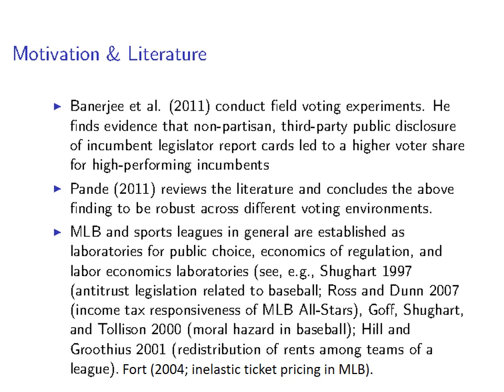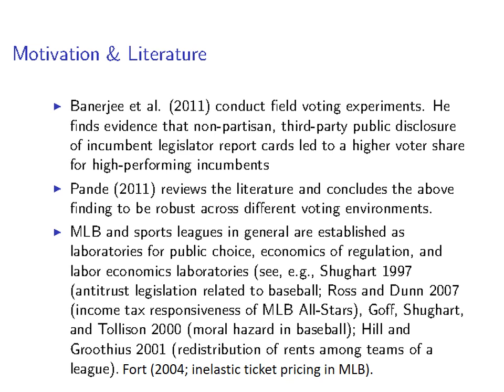The present study also relates to the use of MLB for microeconomic studies. For example, Shugart uses the MLB to understand antitrust regulation and some of the gray areas surrounding antitrust legislation. Ross and Dunn use the MLB to understand income tax responsiveness of ultra high income people.